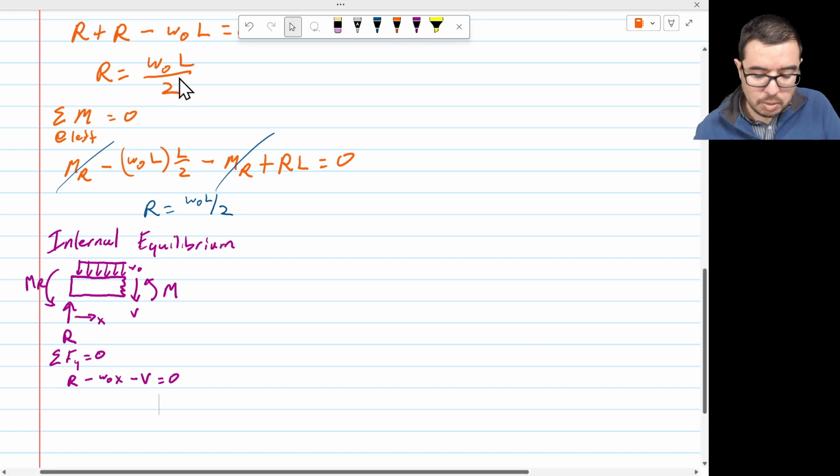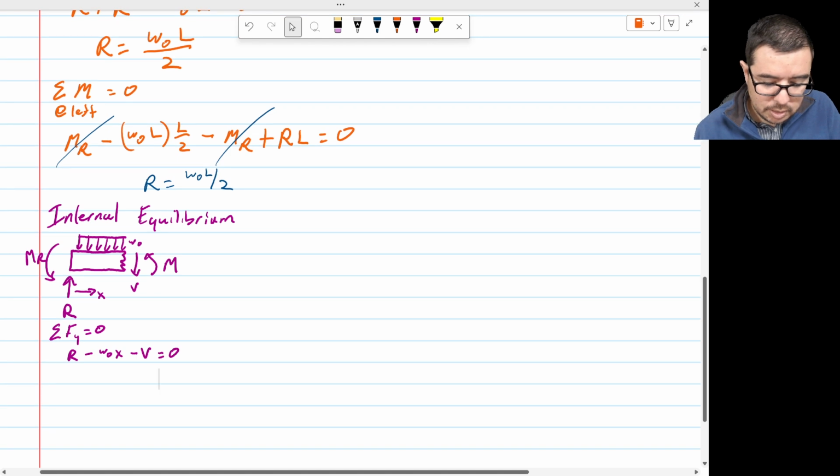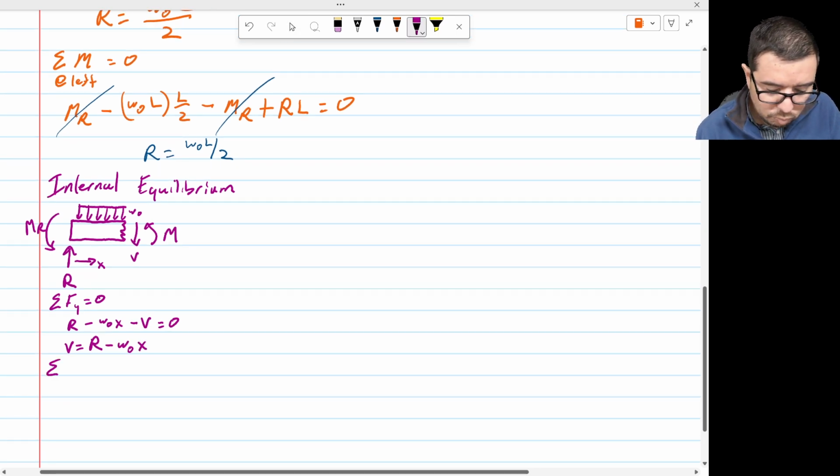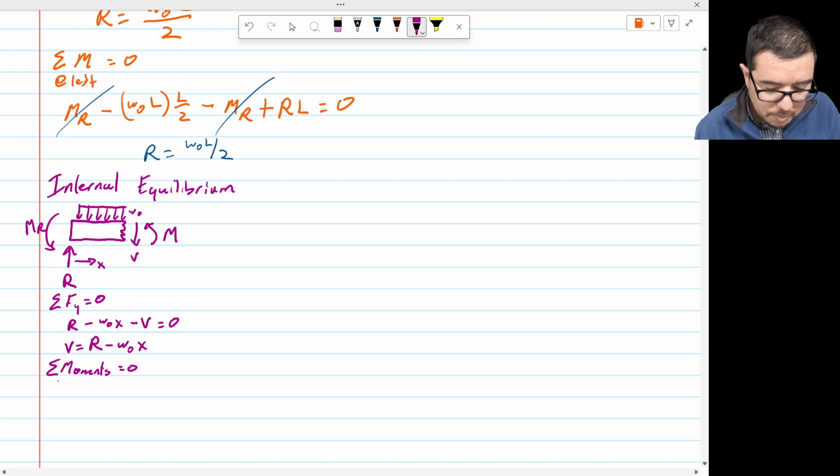We already know that it's W naught L over 2, but we'll just leave it as it is, and we can write out that the shear force is going to be R minus W naught x. For the moment, and maybe it's a little confusing, that's M and that's M, or we could just say the moments, if we want, equal to 0. And let's do, I don't know, let's do it at the right side.